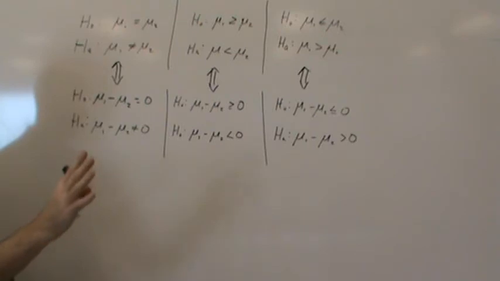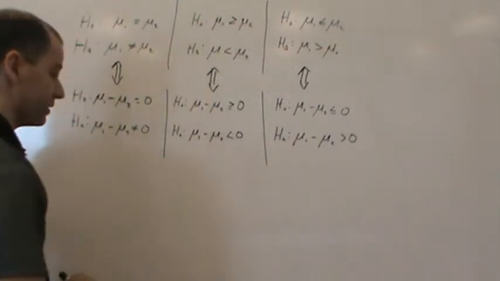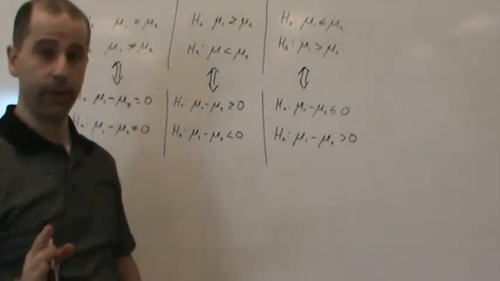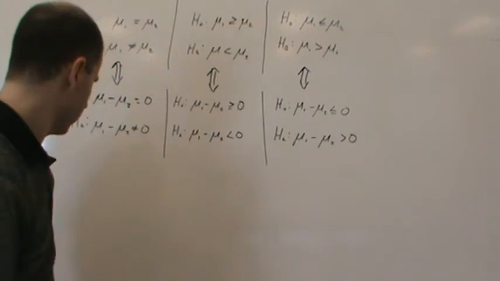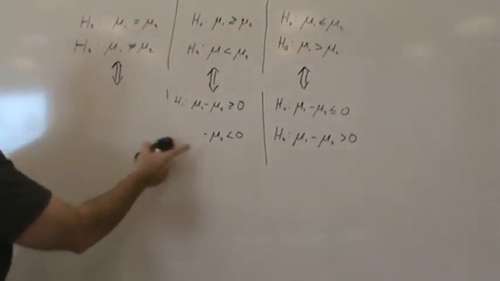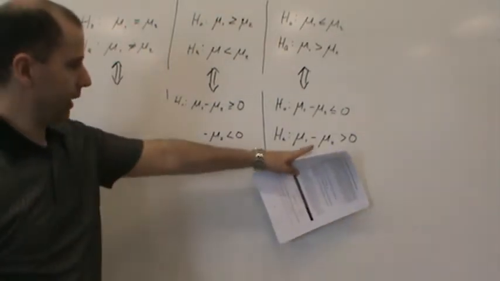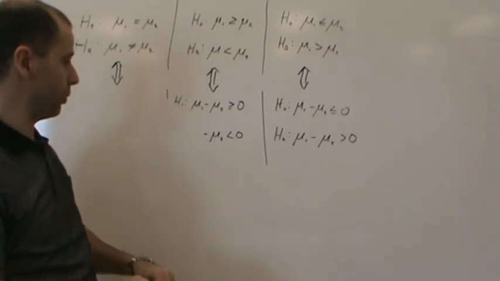With that being said, now let me show you how the test works. The first thing is the traditional method. We have to calculate our test statistic. When we're dealing with two populations, we're dealing with the difference of means. That's why we're testing for the difference between means.